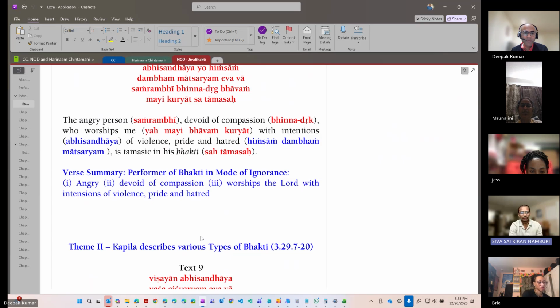Verse summary: the performer of bhakti in the mode of ignorance is angry, devoid of compassion, and worships the Lord with intentions of violence, pride, and hatred. Okay, so in this case, one is doing the bhakti, right?